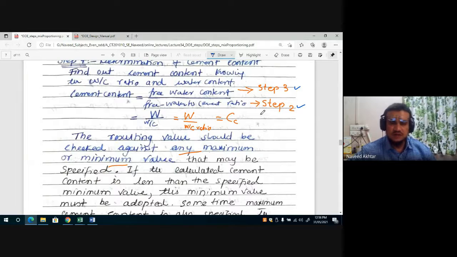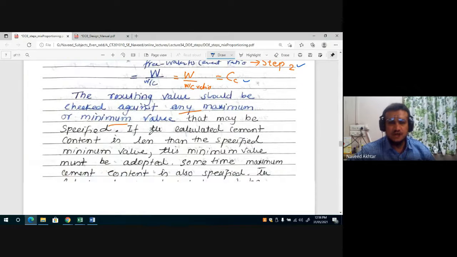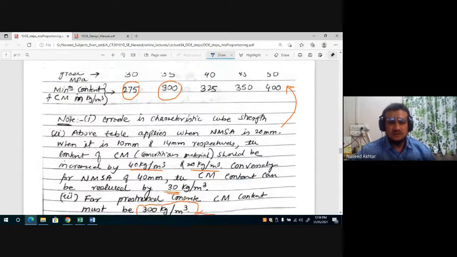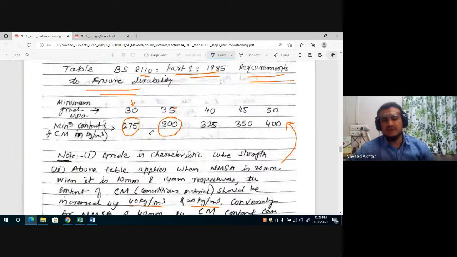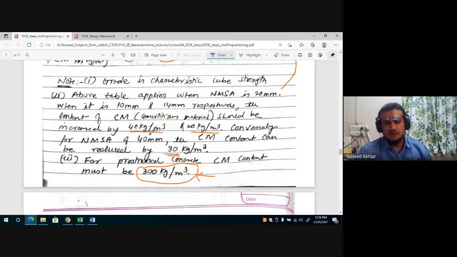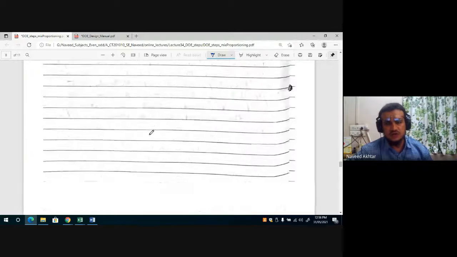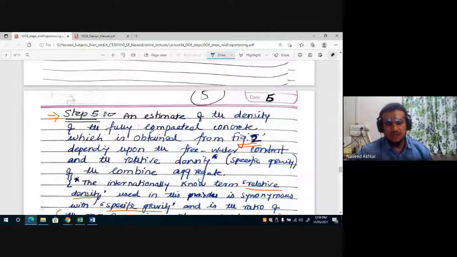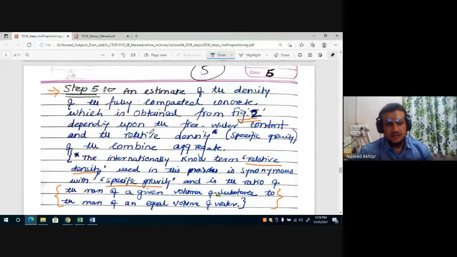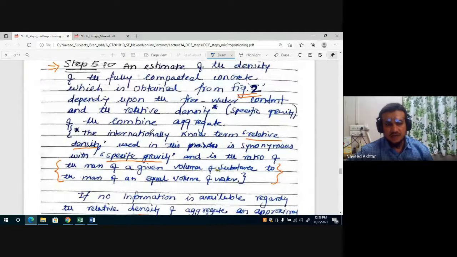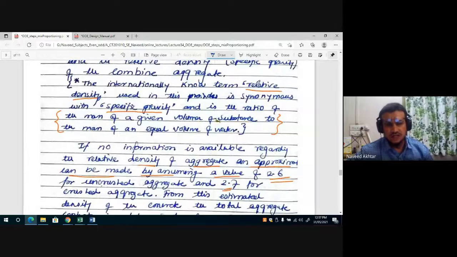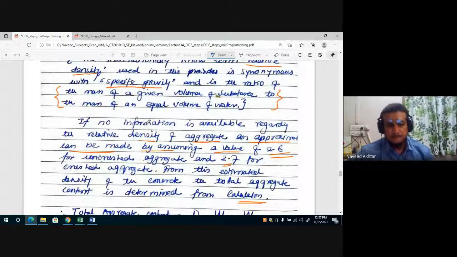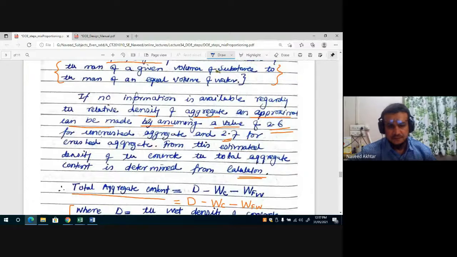You can find out easily the cement content, and you will check for the minimum cement requirement for the type and grade of concrete you are using based on BS code 8110. Then step number 5, you can find out the density of your concrete based on the specific gravity of the aggregate and the water to cement ratio value.